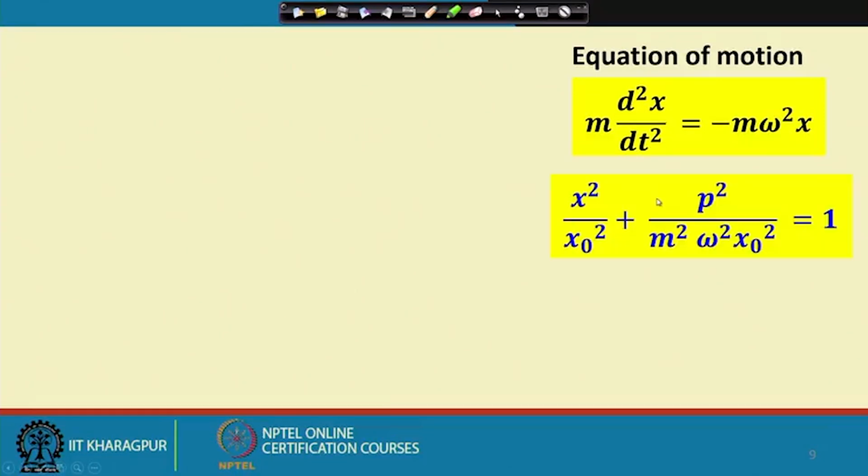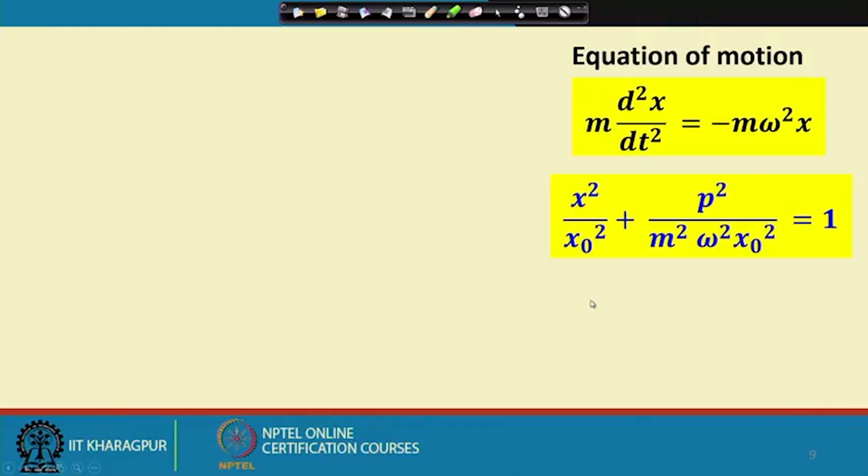So, I have here this equation of motion, and I am going to solve it to get all possible values of x and p which obey this equation, and this equation is set in such a way that x naught is fixed and hence E, the total energy, is also fixed.